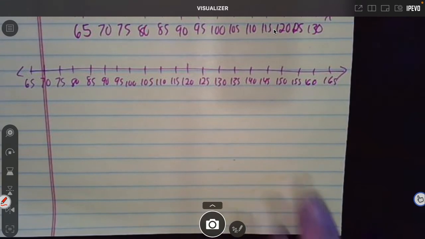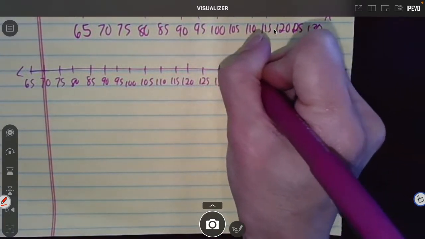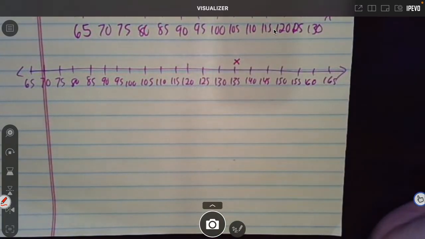Do y'all remember the little X plots? 135, I'm marking one there. Does everybody remember this?